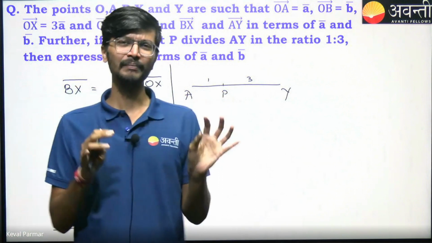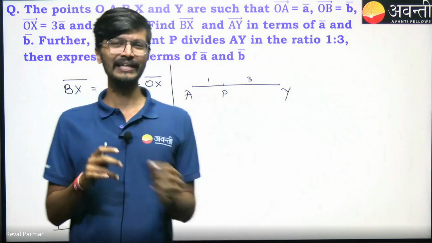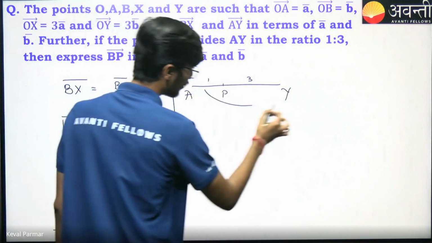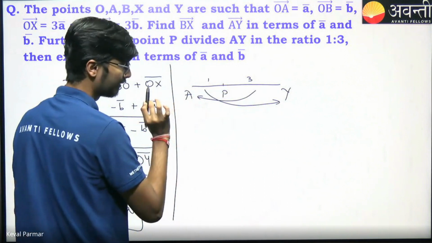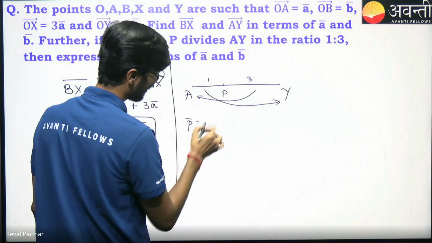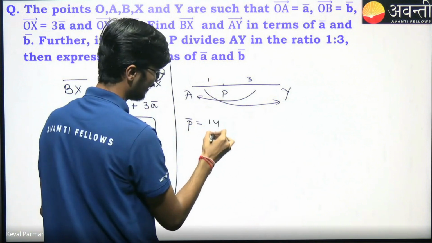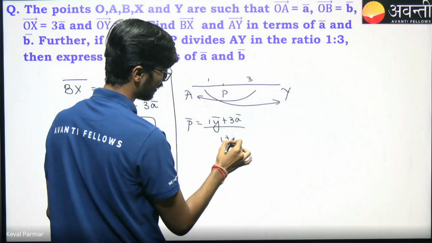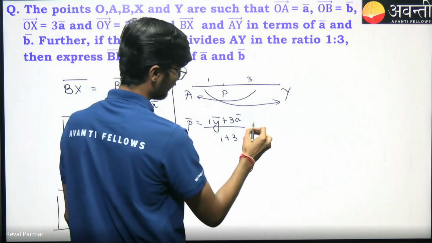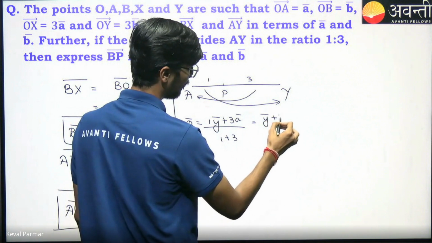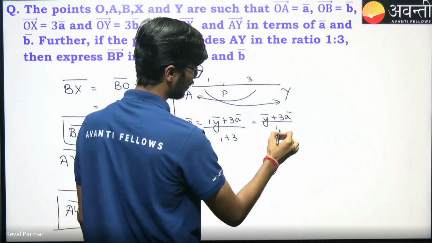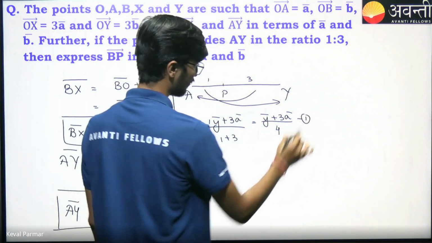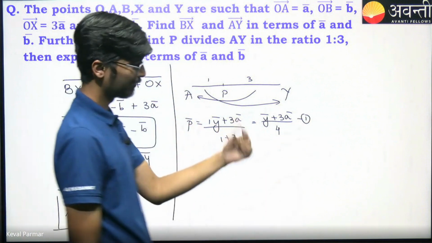They have given that P divides AY in the ratio 1:3. So I can write P bar as 1 into Y bar plus 3 into A bar upon 1 plus 3. That means Y bar plus 3A bar upon 4. Let's mark this as equation number 1.